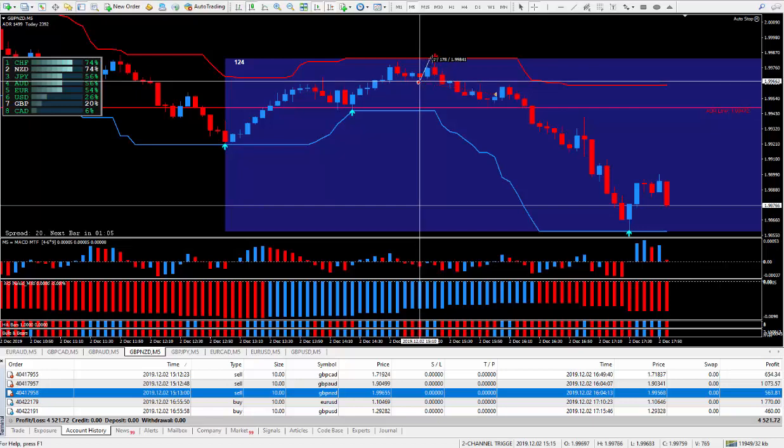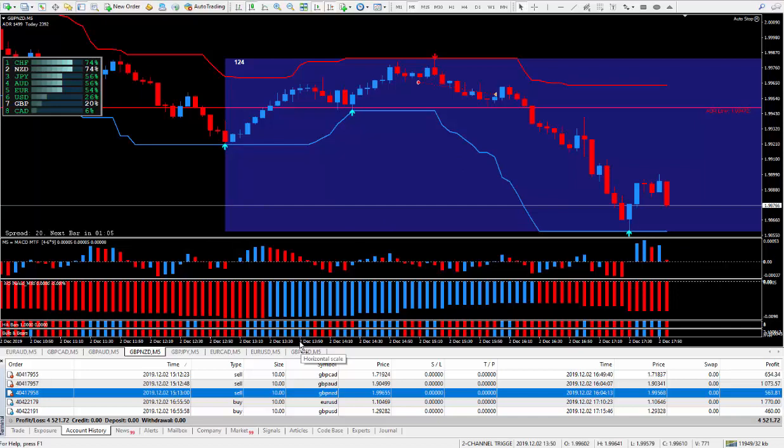Went about 17 pips against me, went sideways for a while until I finally just decided to close it. I got 10 pips on this pound New Zealand, and those 10 pips down here paid $563. So that was also great for scalping.